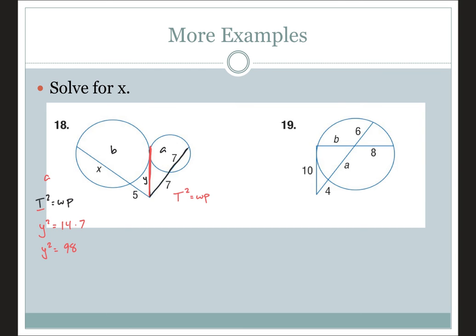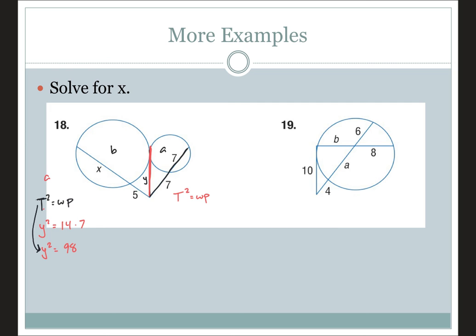So I have the tangent squared is equal to the whole piece times the outside piece. Well, t squared, the tangent, t squared is 98. Okay, I just solved for that right here.